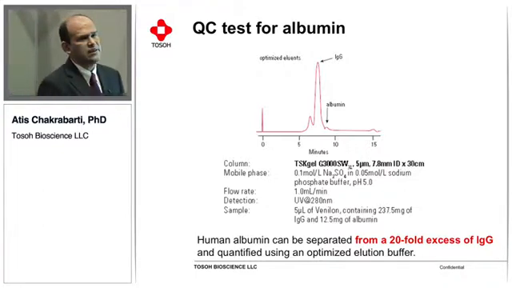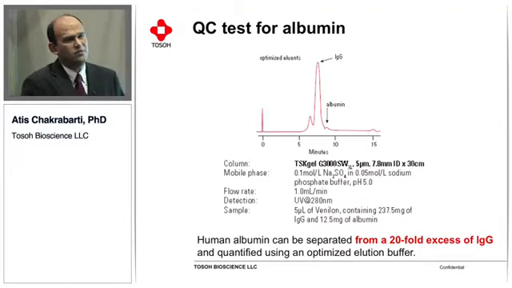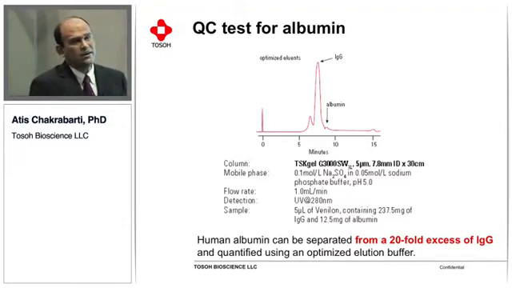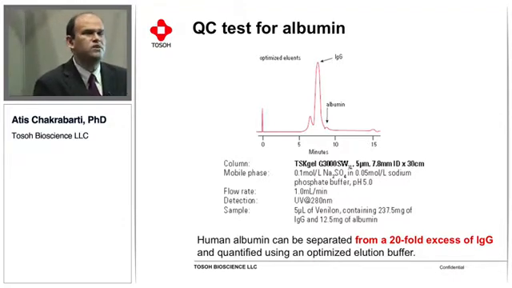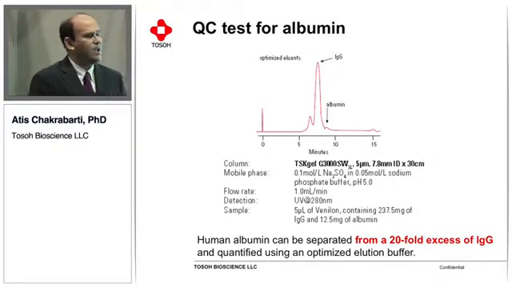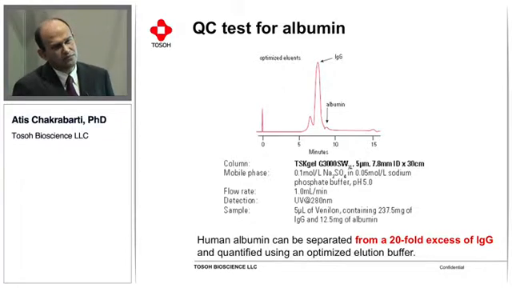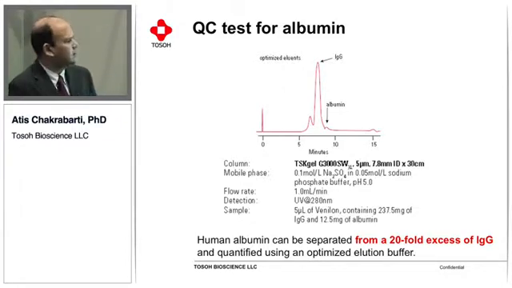As you know, in therapeutic IgG separation, you have to report how much albumin protein is there. So what we have done here, we have added 20-fold excess of IgG compared to the concentration of the albumin, and we tried to find out whether we can separate that.